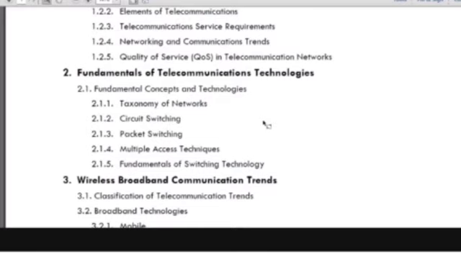And we are going to discuss important pointers, and also have examples of technologies applying the switching technologies mentioned. So the first will be categorizing, or creating a taxonomy of, networks by their switching technique. And we will have examples for each of the techniques that we are going to mention.